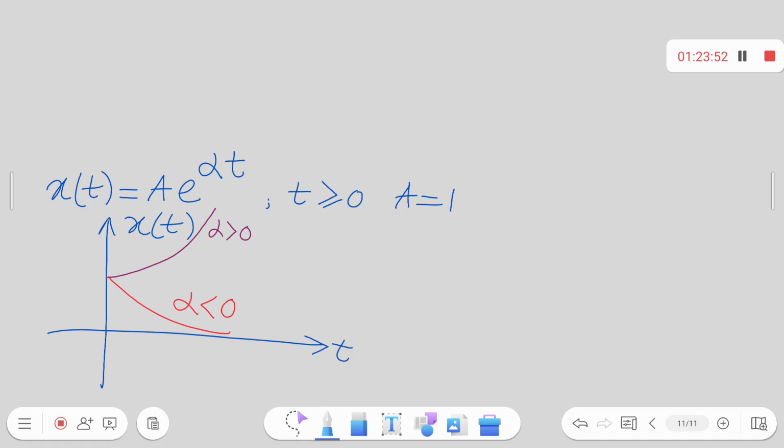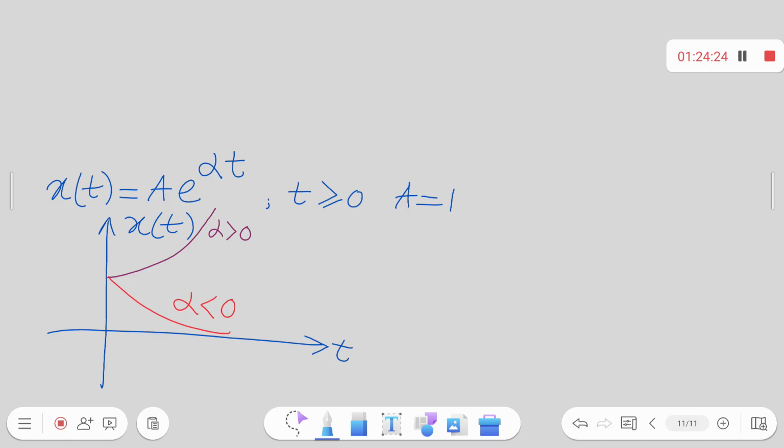Deterministic signal. Then what about the energy content? How can I find out the average power? It depends on alpha. Fine. This is one thing.